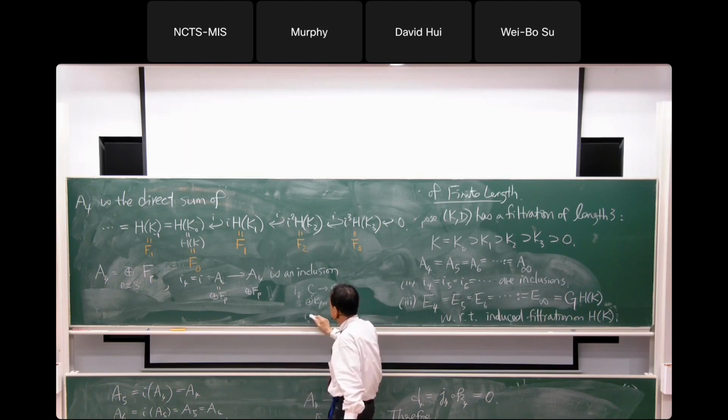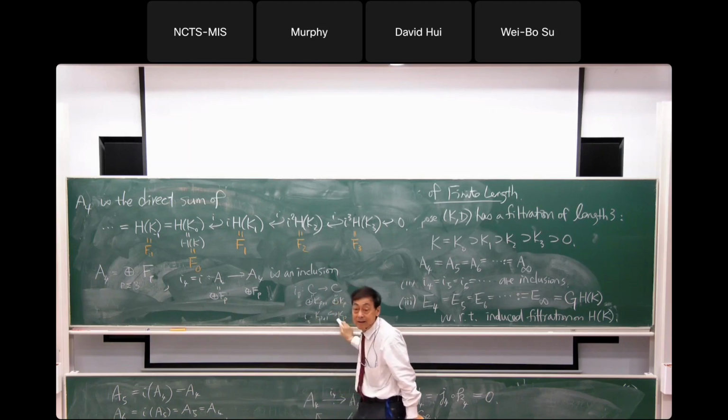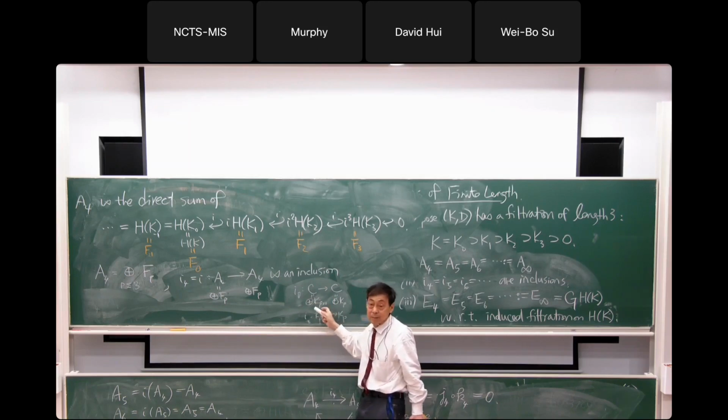And I0 actually sends Kp plus 1 to Kp as an inclusion, right? But so it's not the identity map. It's an inclusion, but it's not the identity map. Because you don't send Kp to Kp, you send Kp plus 1 to Kp.